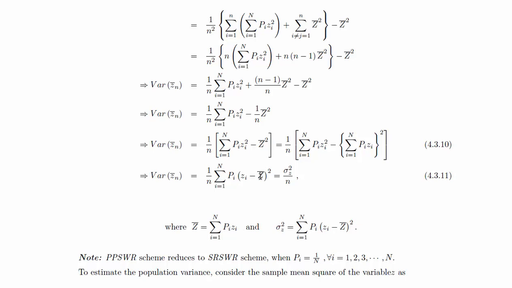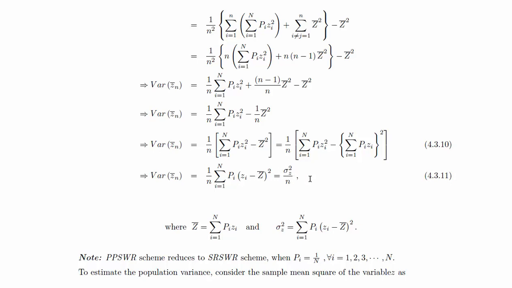So in case of PPS with replacement sample, the sample mean is an unbiased estimate of the population mean, and its variance is equal to sigma z square by n, where sigma z square is equal to summation i equal to 1 to n pi into zi minus Z bar whole square, and n is the sample size. Here we can see n is in the denominator.